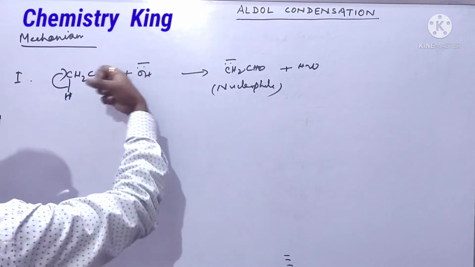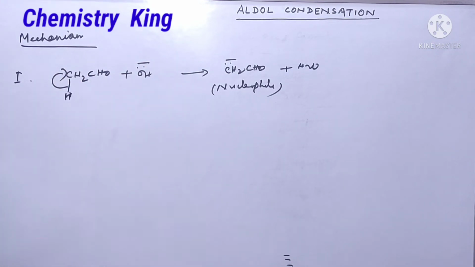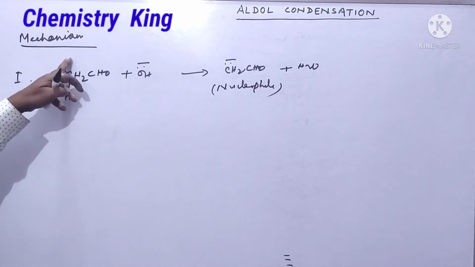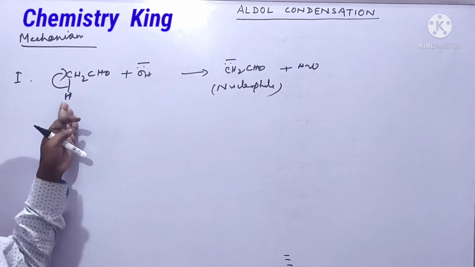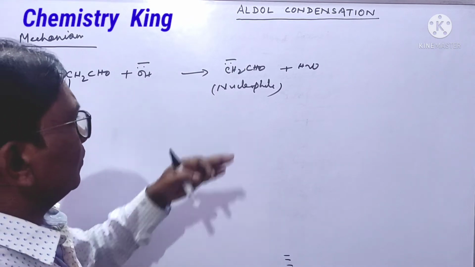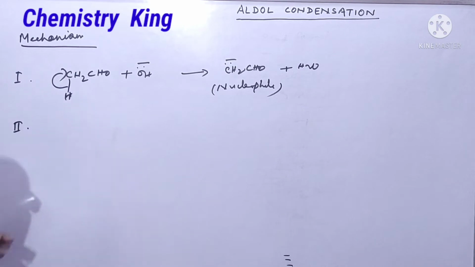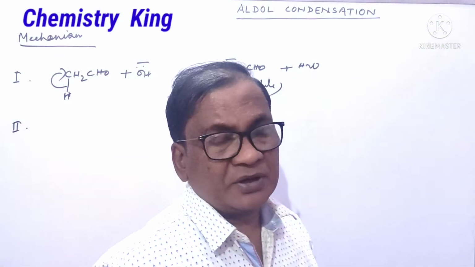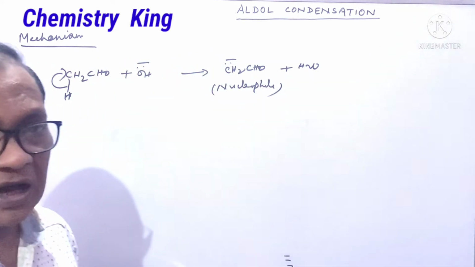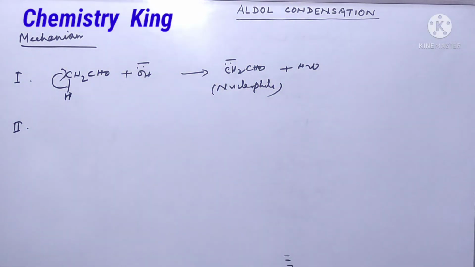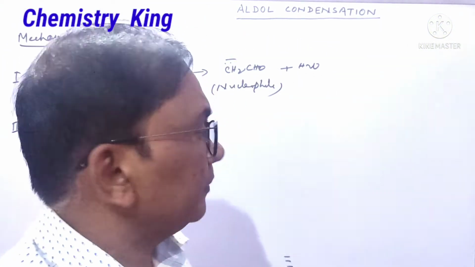It will withdraw electron, leading to production of delta plus charge. So this alpha hydrogen is abstracted by the base. So in statement I have written that at least one alpha hydrogen should be there. In carbonyl compound, either aldehyde or ketone, at least one alpha hydrogen should be there.